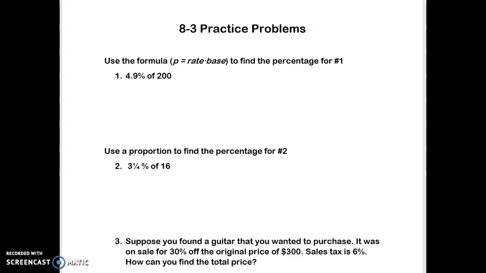So 4.9% represents a number, 4.9 out of 100. Well, let's just use that as a decimal. So 4.9 divided by 100 is 0.049. That is our rate, okay? 4.9% is our rate. Remember we have to use it as a decimal because that's the number it represents, and it is multiplied by our base, our total amount of 200 books.